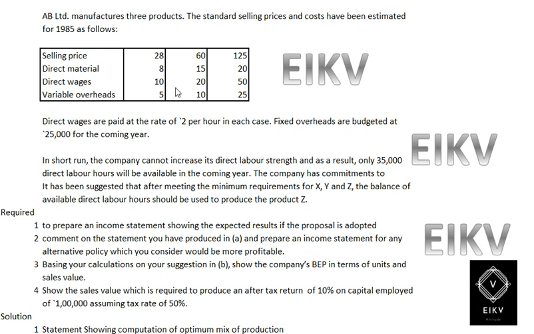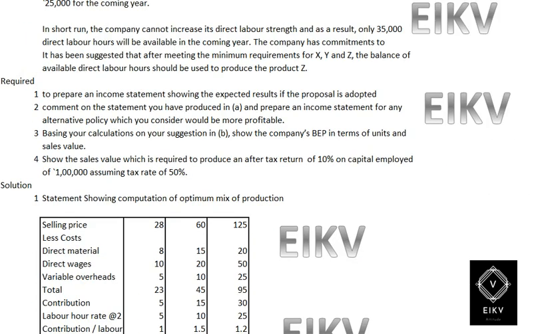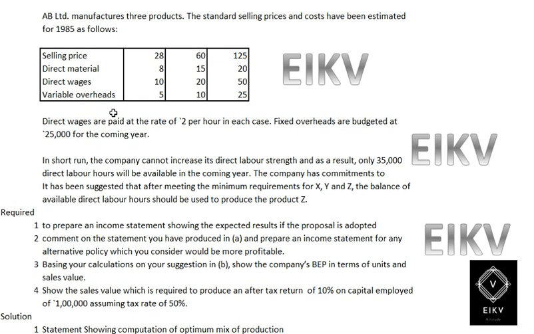Direct wages 10, 20, 50. Variable overhead 5, 10, and 25. Direct wages are paid at the rate of 2.2 per hour in each case.